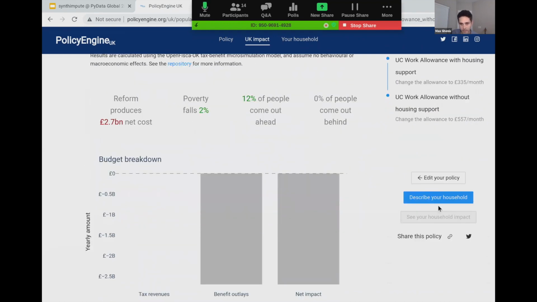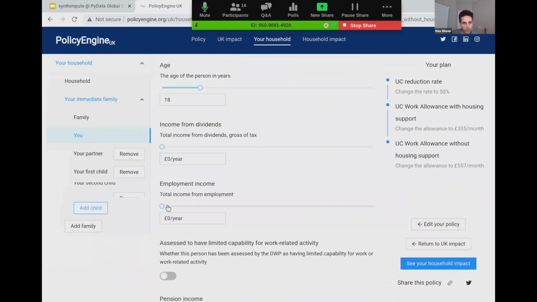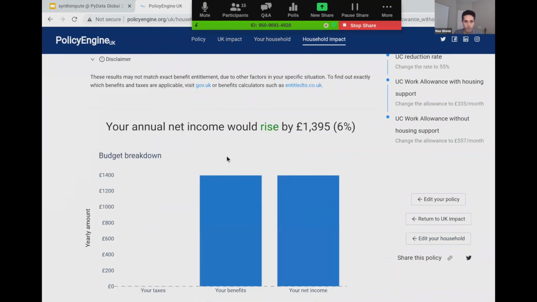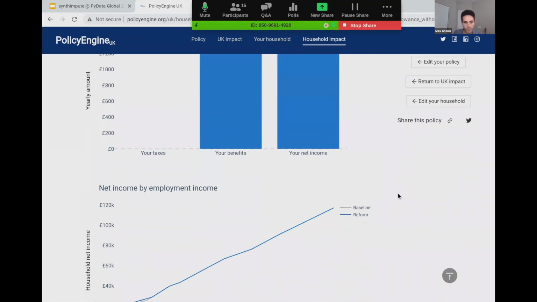And then the last thing is you can also describe your household. So let's say we're a married couple with a couple kids. You can actually change your employment income. Let's go to around 24K, see what happens there. And we can see, okay, this reform is going to pretty significantly affect the household finances for this household, about a 6% increase.